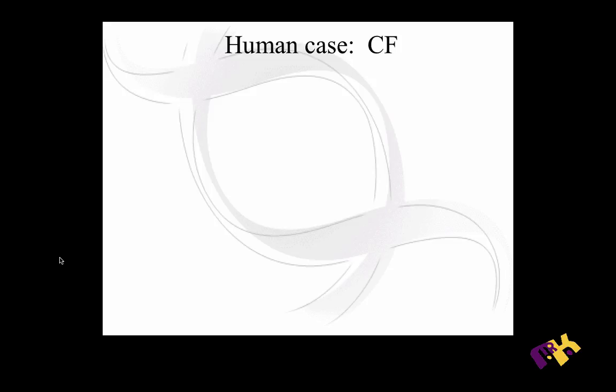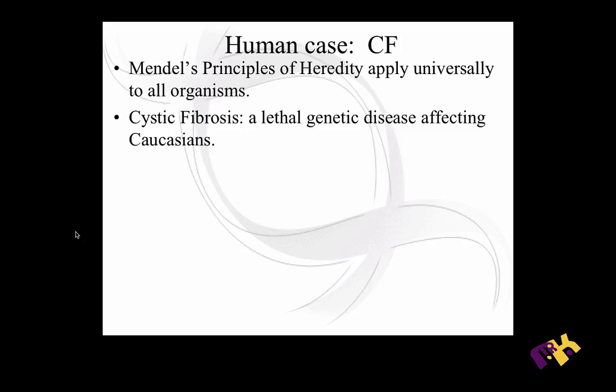All right, so a human case of this would be with cystic fibrosis. And we understand that Mendel's idea of probability and inheritance works for the passing on of this possible affliction through the autosomal chromosomes. So it's a lethal genetic disease.